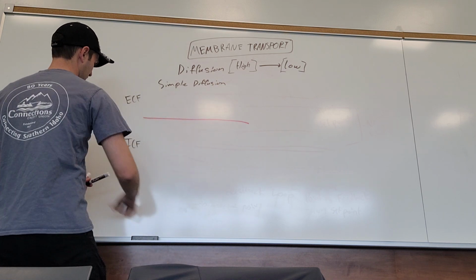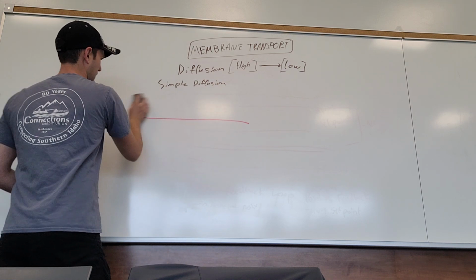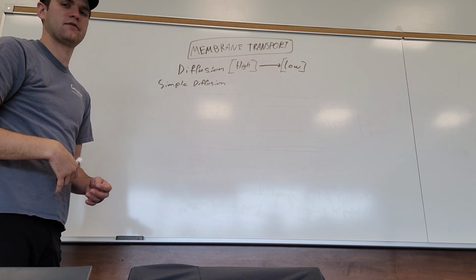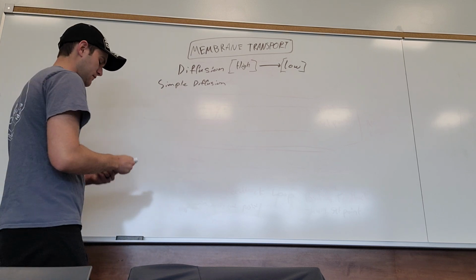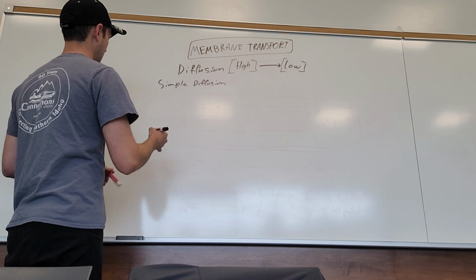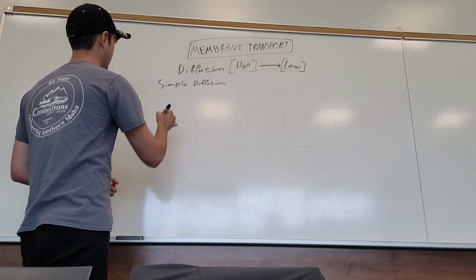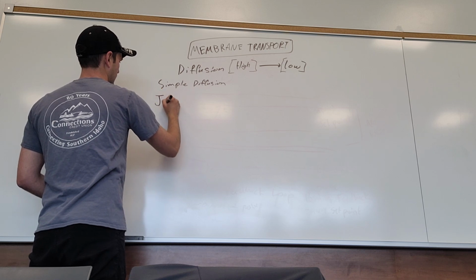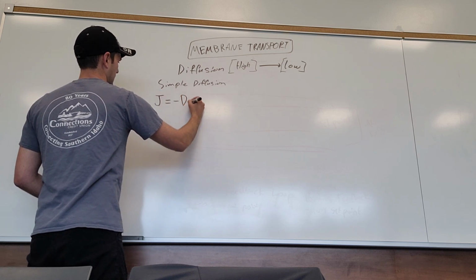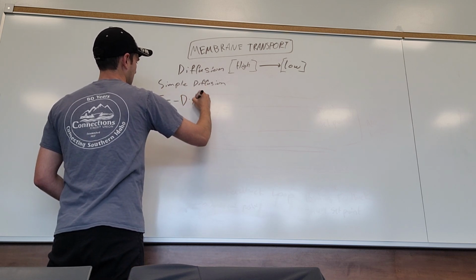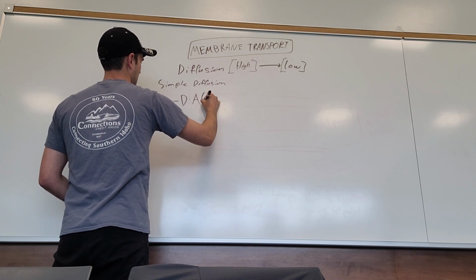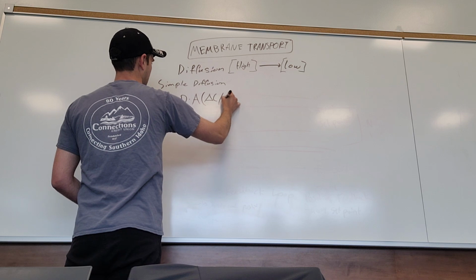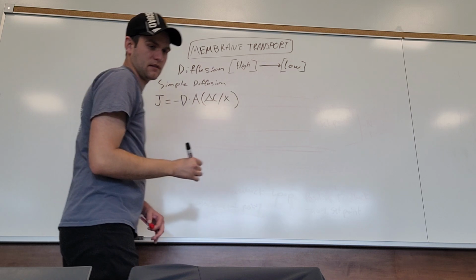There's a certain equation that we can use to determine how fast our solutes are diffusing across the membrane. Our equation is called Fick's law. It is going to be J equals negative D times A times delta C divided by X. Make sure I got that right.